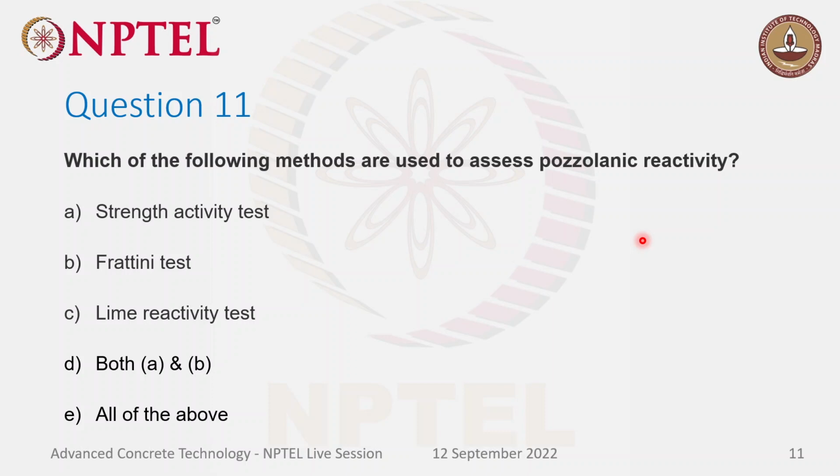Option A is strength activity index test, option B is Fratini test, and option C is lime reactivity test. Option D is both A and B, and option E is all of the above, which is nothing but A, B, and C. Now let me start the timer. After a minute, we'll see the solution.